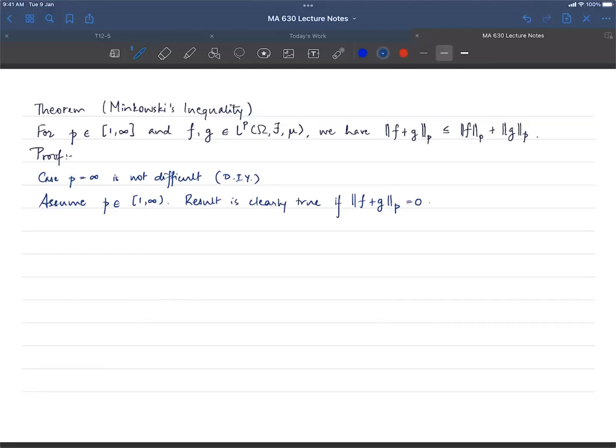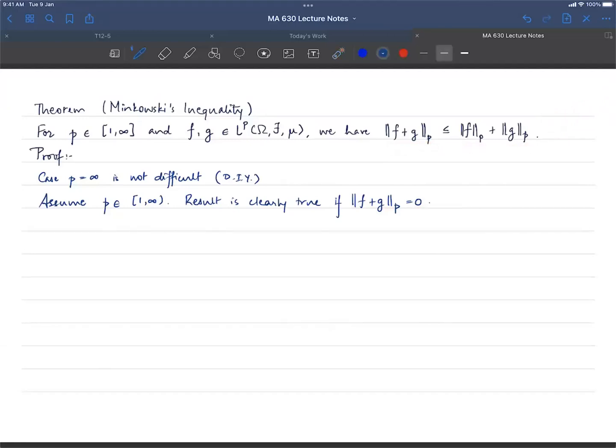Okay, why is that? Well, suppose the p norm of f plus g is 0, then the left side of this inequality is 0. The right side is non-negative, so of course it's true. Okay, so if norm f plus g in p is 0, in other words, the left side is 0, then this inequality is automatically true. Note that the right-hand side is non-negative.